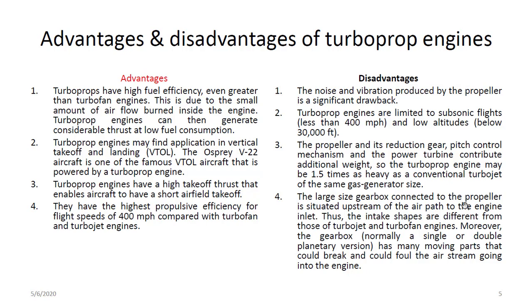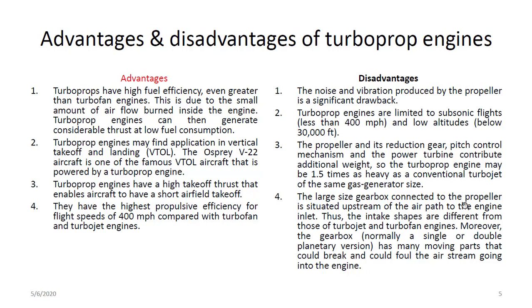You don't use a turboshaft or a turboprop engine because the rotation of the propeller generates a lot of noise, which could violate existing regulations on noise generation. So these engines are mostly used in military aircraft, where military bases are usually situated far from cities, where noise could be a significant problem.